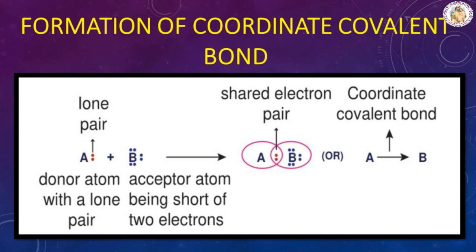So A is the donor and B is what? Acceptor. So the lone pair of electrons originally belonging to atom A is now shared by both the atoms, and the bond formed by this mutual sharing is called coordinate covalent bond. This arrow mark represents the coordinate covalent bond.